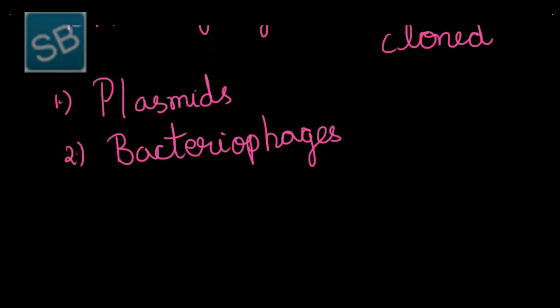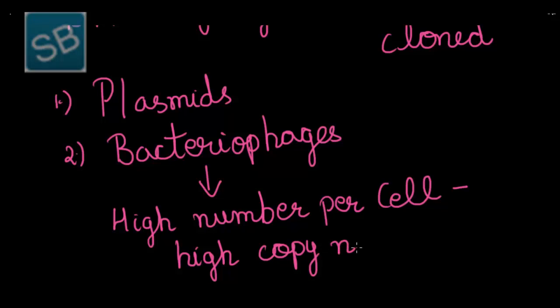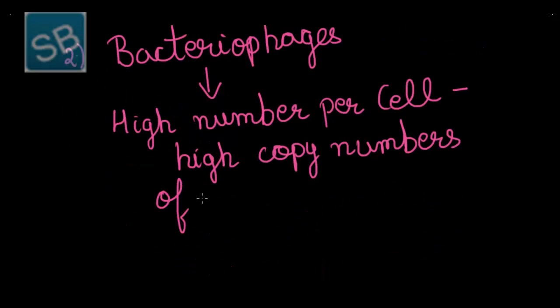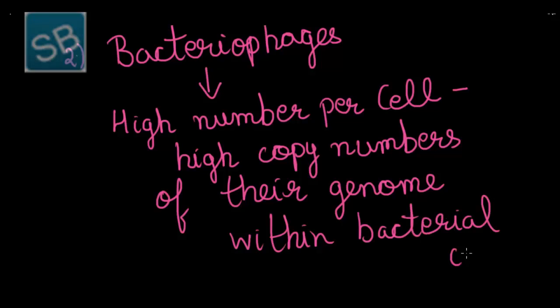In bacteriophages, because of their high number per cell value, they can produce high copy numbers of their genome within the bacterial cell, which is the most advantageous aspect of bacteriophage vectors.